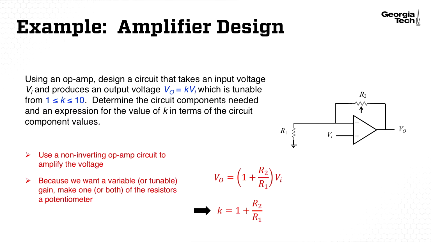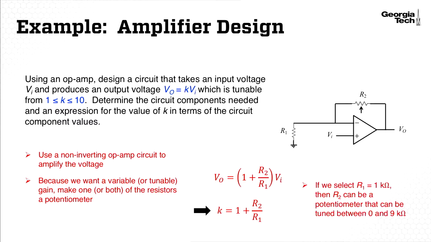Let's look at what the actual gain of this amplifier is going to be. Looking back at the non-inverting op-amp equation, we have V out is equal to 1 plus R2 over R1 times V in. So the gain K is 1 plus R2 over R1. Now we need to figure out what we want R2 and R1 to be. We know the range we want for K, but we have two resistance values to choose, so we'll select R1 to be 1 kilo ohm.